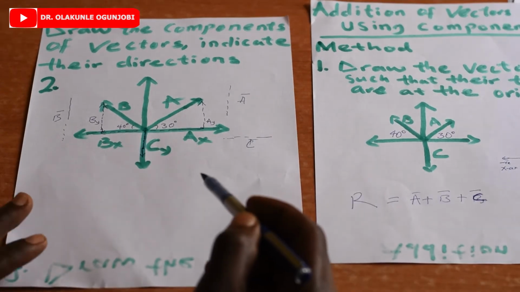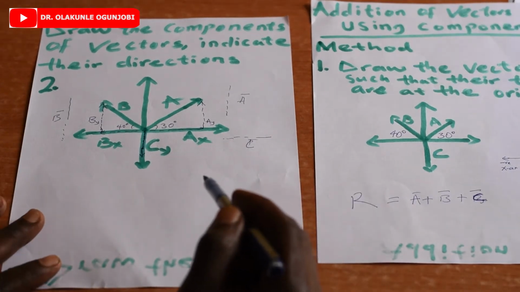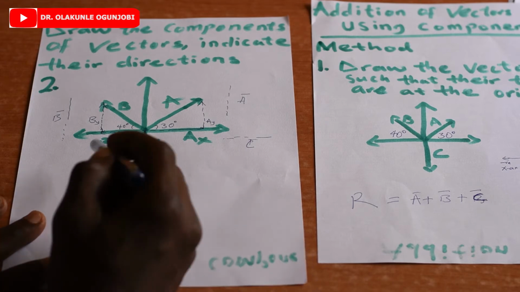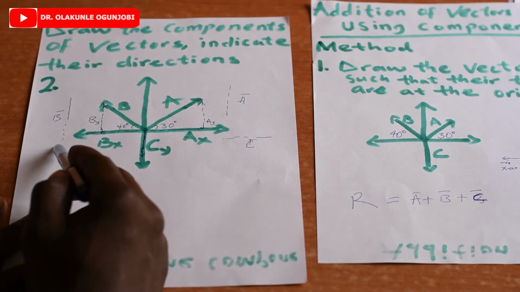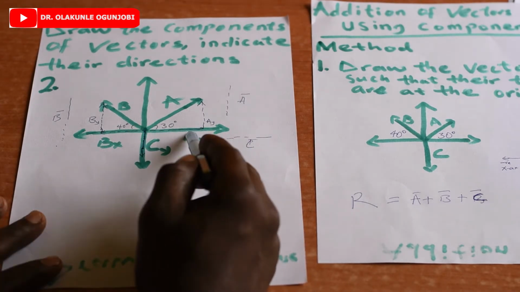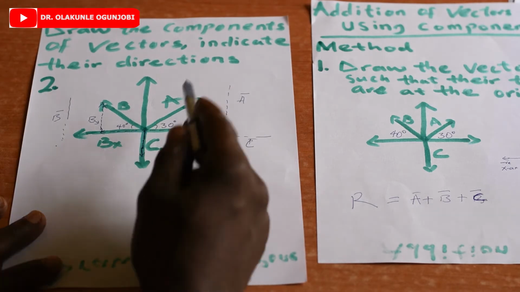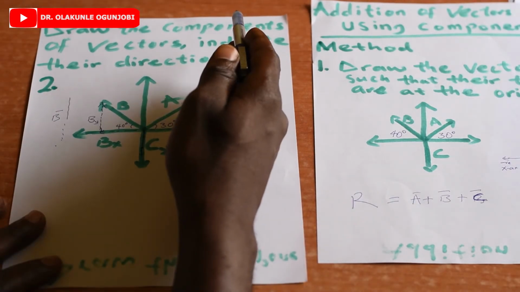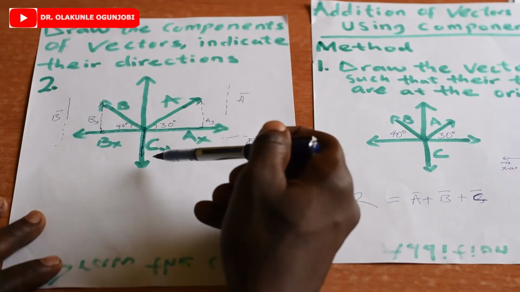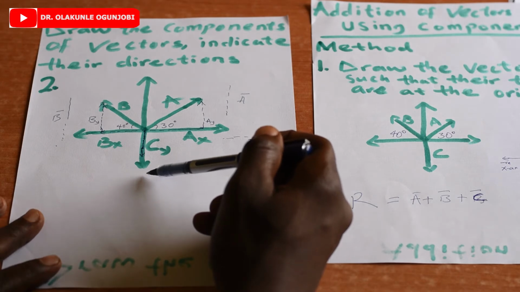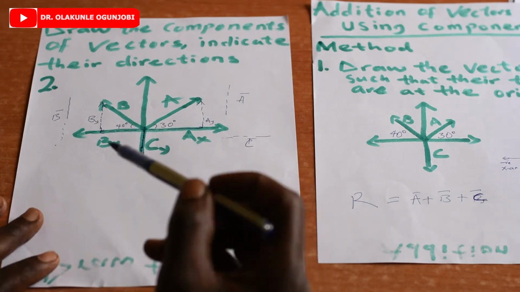Okay, so we don't want to get this complicated. But you must understand that along this is bx, along this direction is ax, because this is a side, and along this side is what? That's cy.